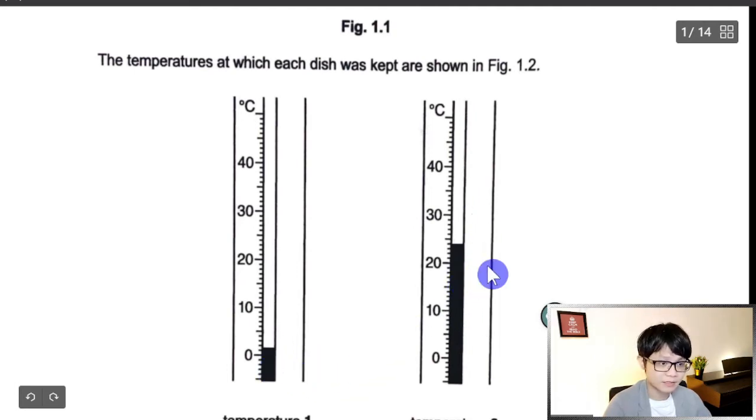And this one is around room temperature, around 24. So around 20 to 30 will be the room temperature, meaning the temperature in your room. Sometimes I say 27, 28, 30, usually 28, 25, 24.